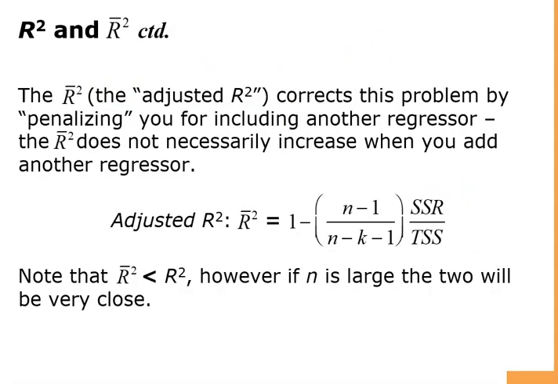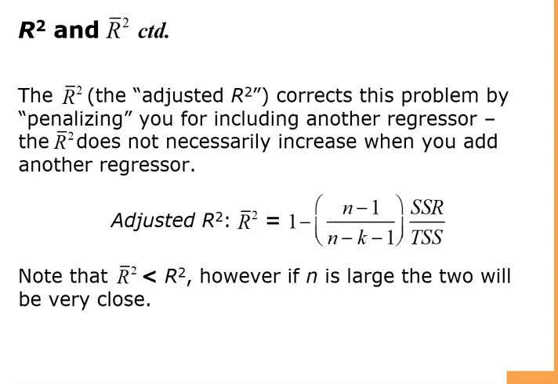Now, on the other hand, the adjusted R square corrects this problem, because we don't want researchers or statisticians or economists to always be including variables just so they can increase R square. So the adjusted R square actually corrects that problem by penalizing you for including another regressor.